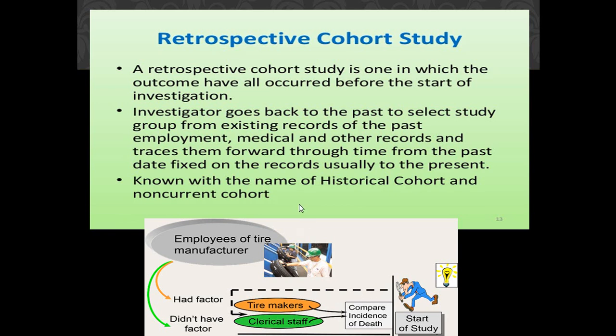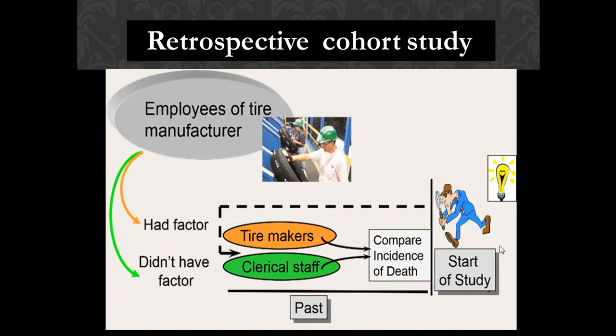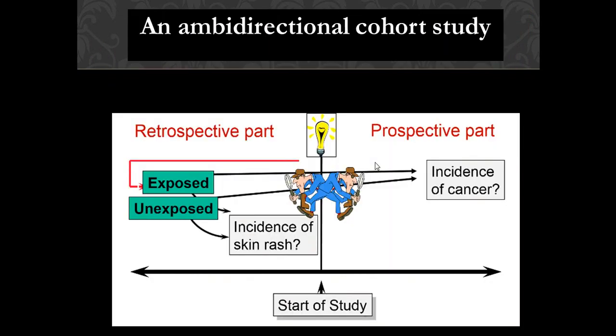Okay, so the other name is a historical cohort, or a non-concurrent cohort. They took the history from this manufacturer about the tire makers and about the other staff, and they studied their incidence of diseases or even death, and this is the type of historical cohort. And this is the example, the same example.